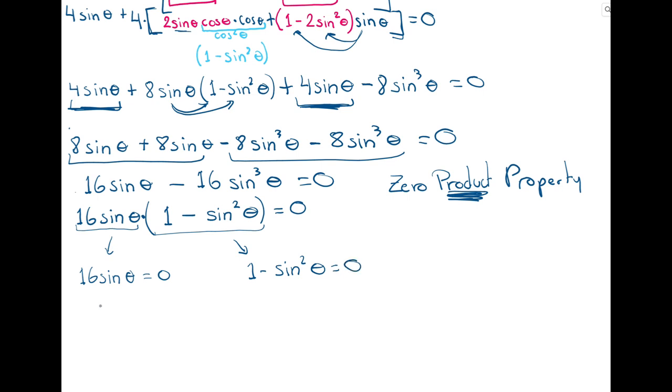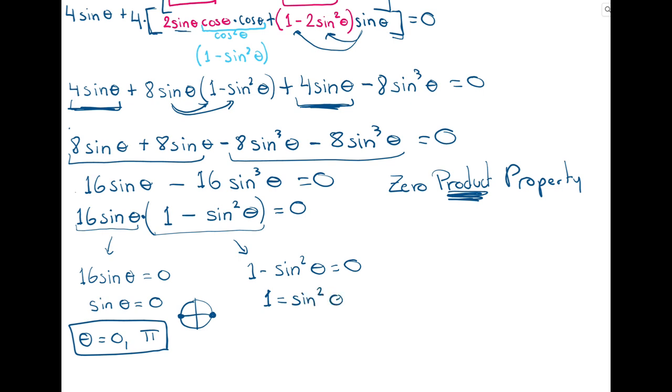All right, divide by 16 on both sides is not making a difference because you have a 0, so it's still 0. And we know that sine is 0 at 0 and at pi. So theta would be equal to 0 and pi. And then this one, we're going to finish it up by taking now a square root.